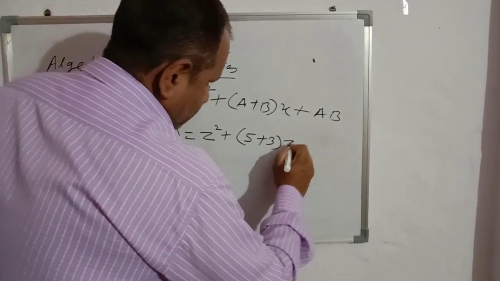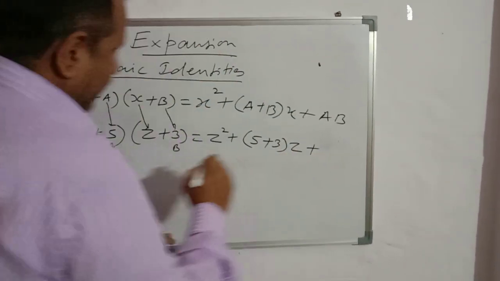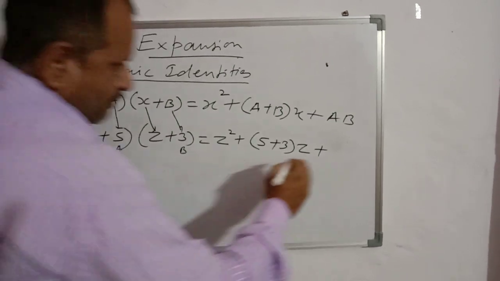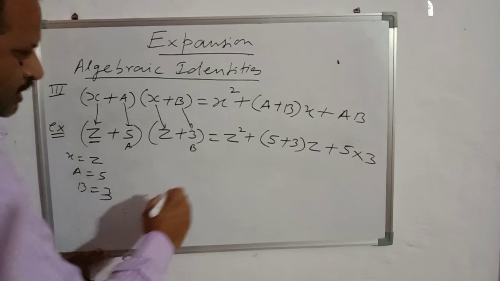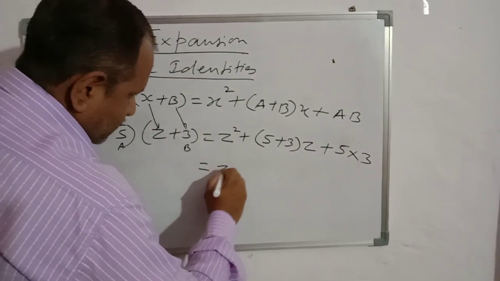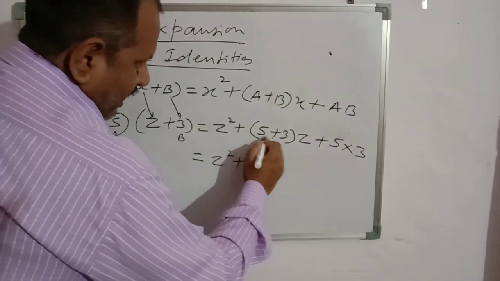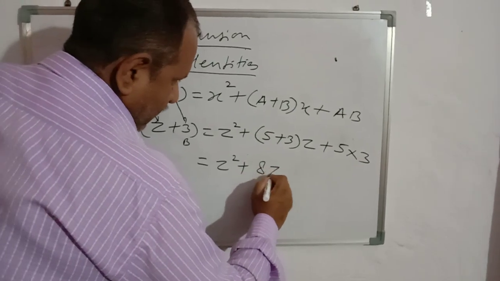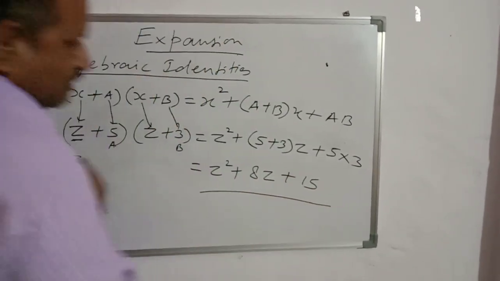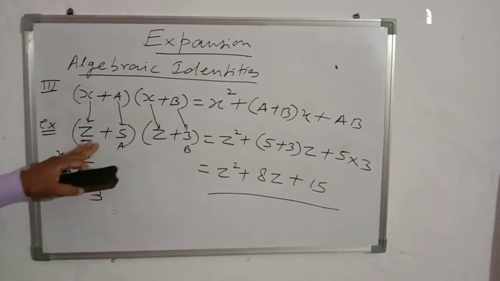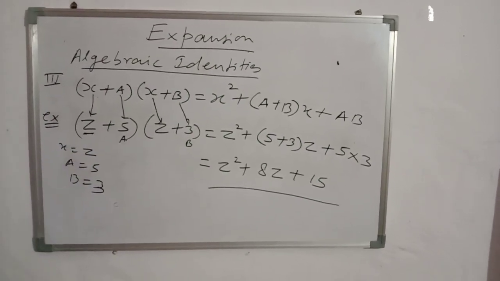So it is z plus a into b, a is 5, b is 3. Now simplify it. z square, 5 plus 3, 8, so it is 8z plus 5 into 3, 15. This is the final product of z plus 5 into z plus 3.